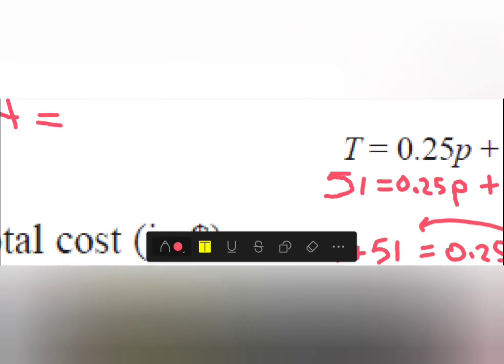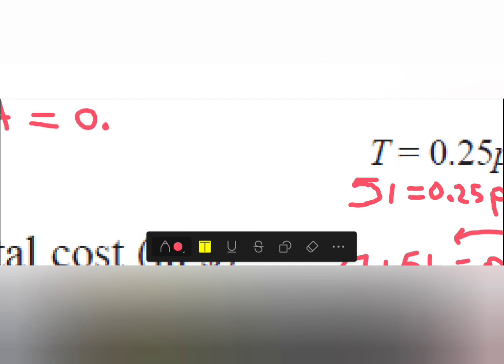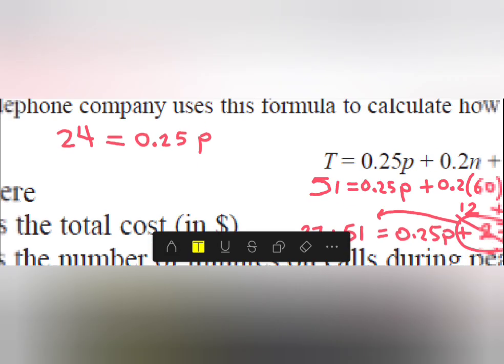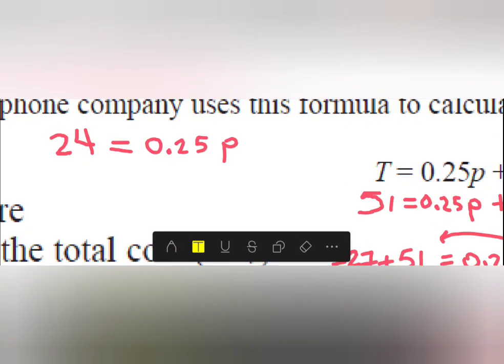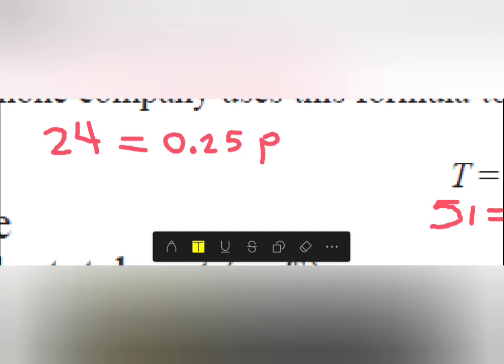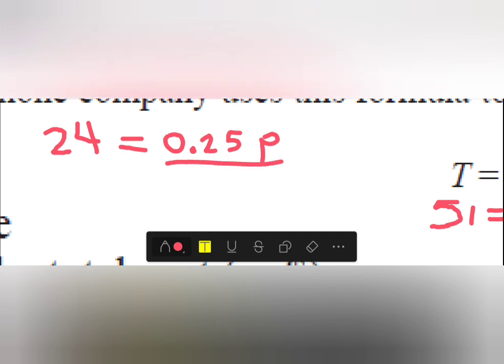equals 0.25p. Now, after finding this, I need to find p. How do I find p? Because the 0.25 is multiplied by p, and I want to get rid of it. So I just divide both sides by 0.25, or take it to the other side by dividing.